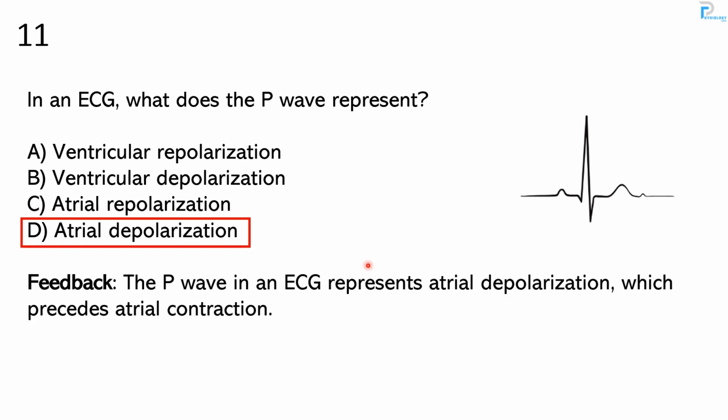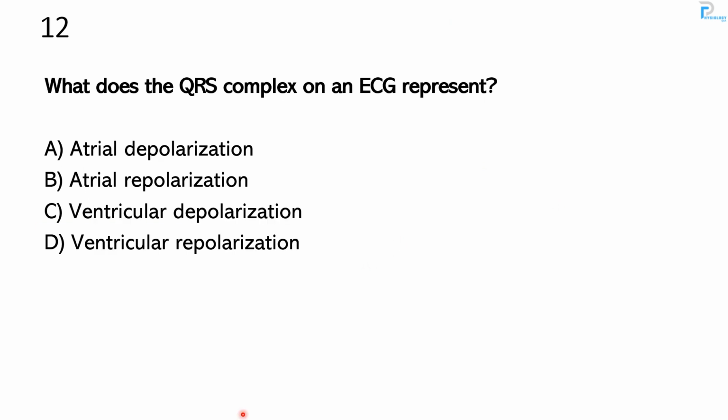What does QRS complex represent? Ventricular depolarization. Ventricular repolarization is a T wave. Atrial depolarization is a P wave. Atrial repolarization happens during QRS complex, so the QRS complex masks the wave for atrial repolarization.